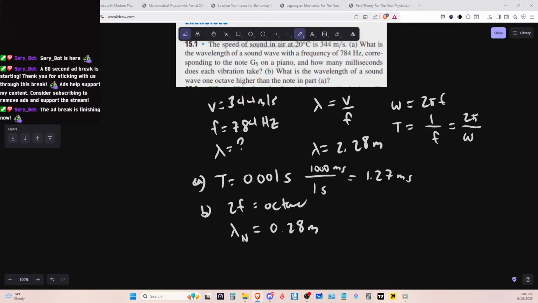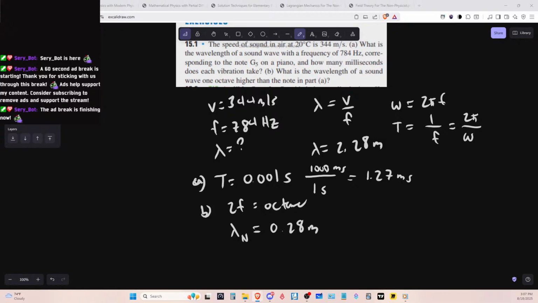Oh yeah, we should open Quizlet because we do have this book in Quizlet. Library, folders, physics, physics 13th edition.